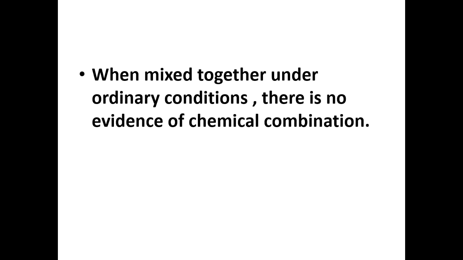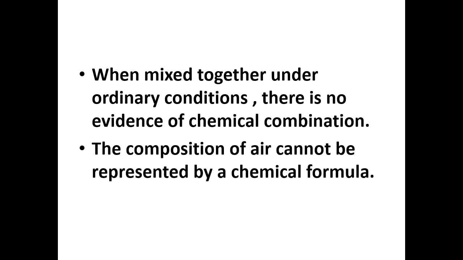The third one, when mixed together under ordinary conditions, there is no evidence of chemical combination. And the last one, the composition of A cannot be represented by a chemical formula in the way we normally represent compounds with chemical formula.